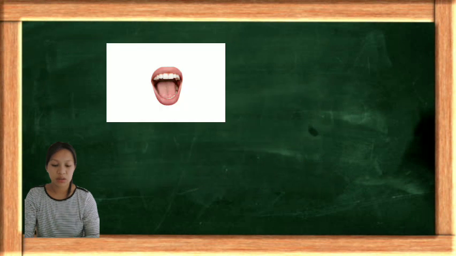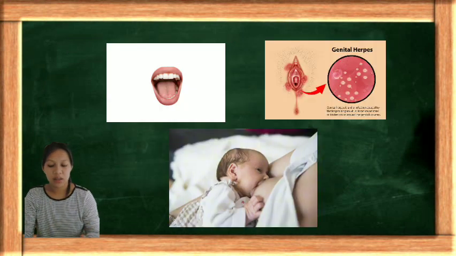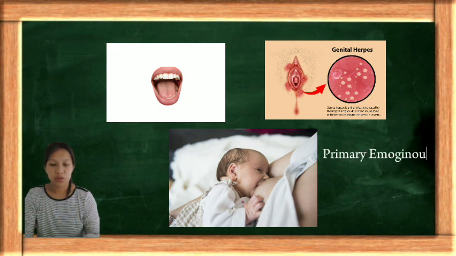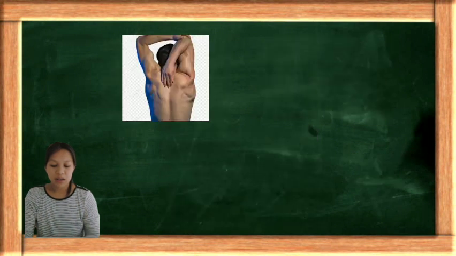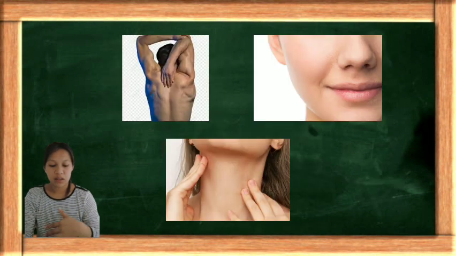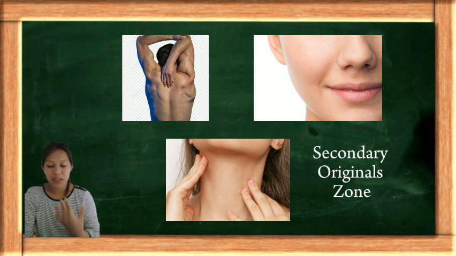Areas such as the mouth, anus, genitals, and nipples are referred to as primary erogenous zones, which are sensitive to touch. The back, cheek, neck, and buttocks are secondary erogenous zones, also sensitive to touch, but not directly involved in the reproductive and sexual act.